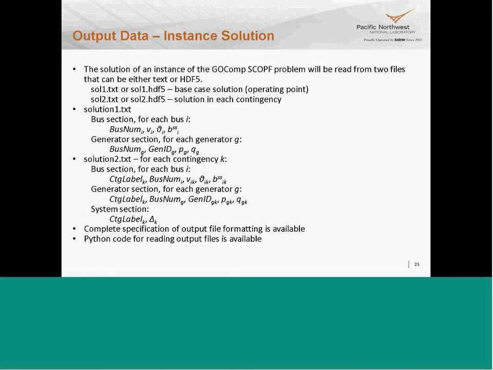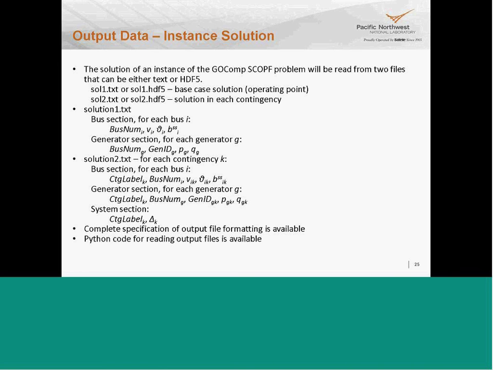And then this final section, the system section, has just one scalar, this delta K. You can think of that as the total amount of real power that needs to be made up in a contingency due to loss of a generator or change in losses from line outages. It's not really exactly that, but that's one way to think about it. It is anyway a scalar. With all this data, we can completely reconstruct your solution and evaluate all your constraints and the objective function.